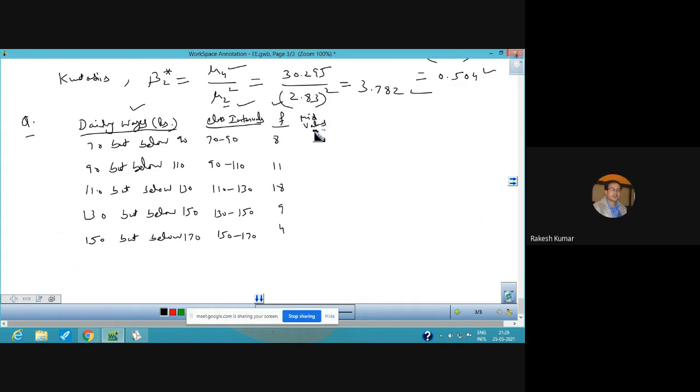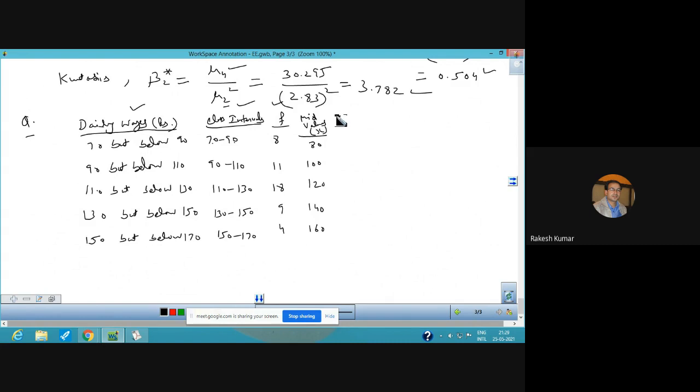And from the class interval, you can find out the mid value. Mid values are denoted by small x. So the mid value is 70 plus 90 divided by 2, that is 80, then 100, 120, 140, and 160. These are the mid values.